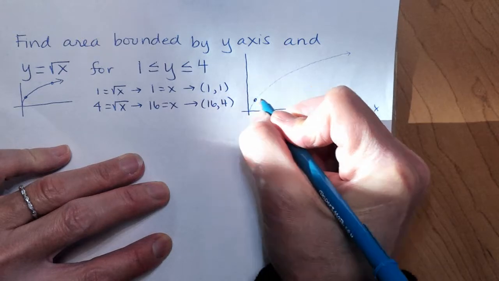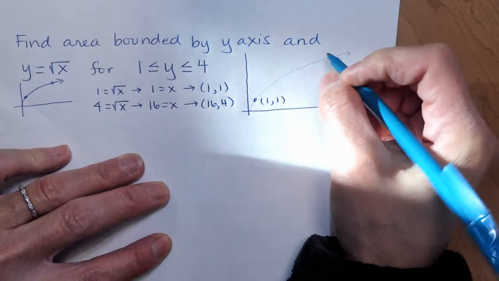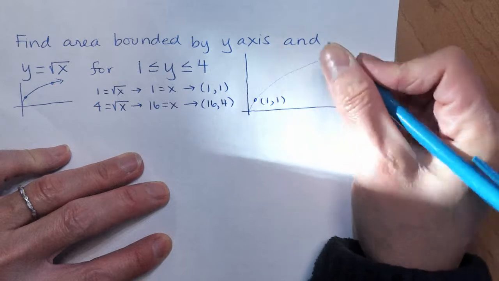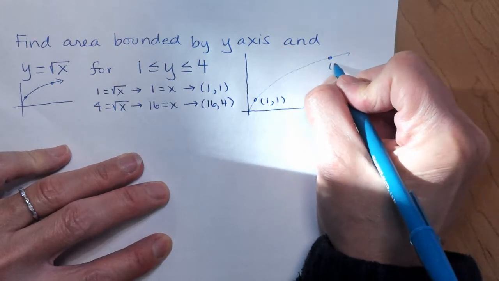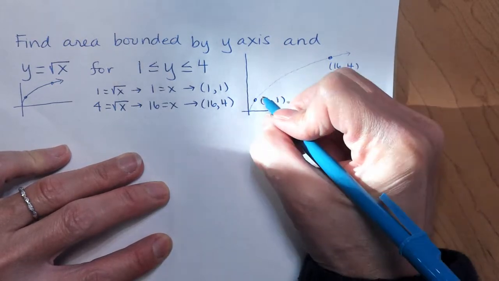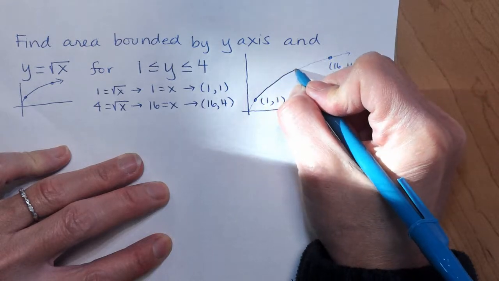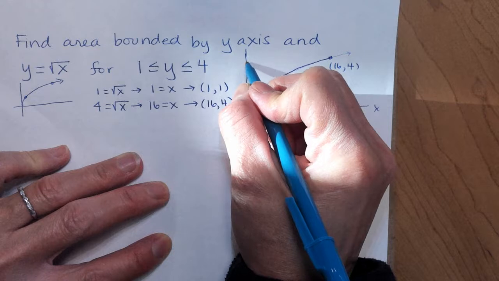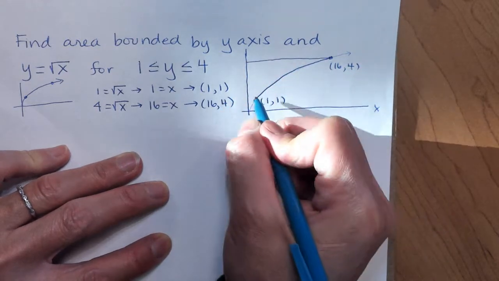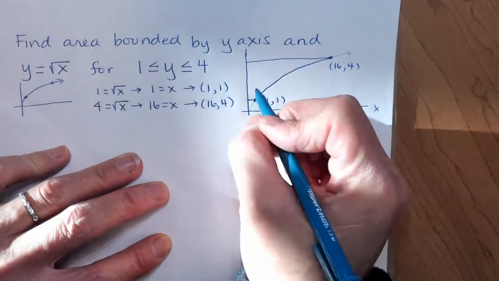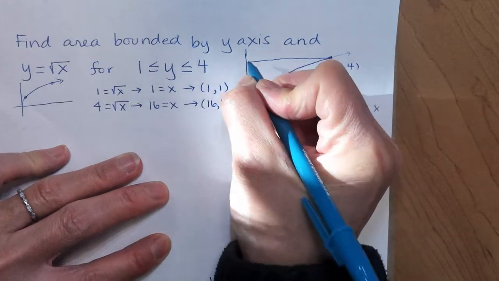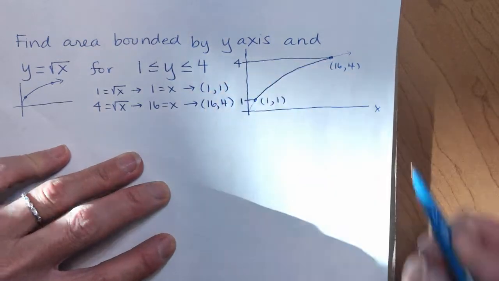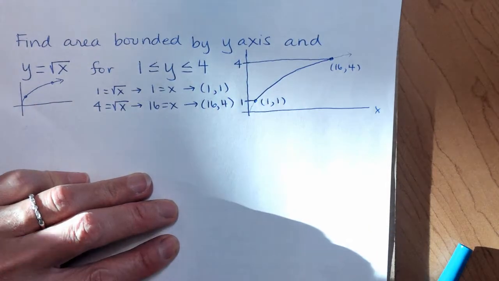I'm going to start at the point 1, 1 and go to the point 16, 4. So this is the part of the curve we're concerned with, and we want the region bounded from y is 1 to y is 4. So here's the region we're talking about.